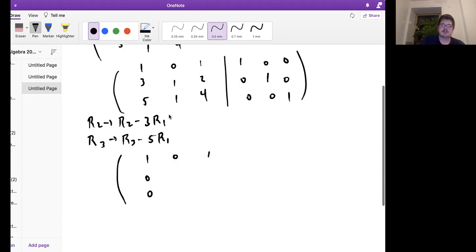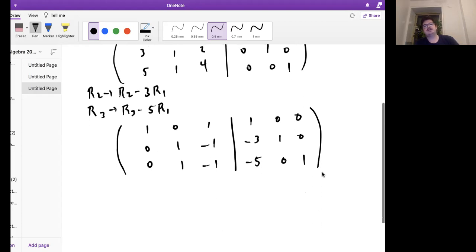Then we get 1 minus 3 is negative 1. 1, and then minus 5 is negative. Okay, on this side, we have 1, 0, 0, negative 3, 1, 0, and negative 5, 0, 1. Okay, what's your next step?